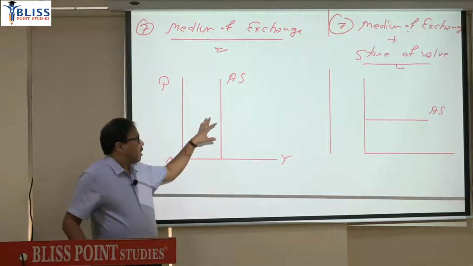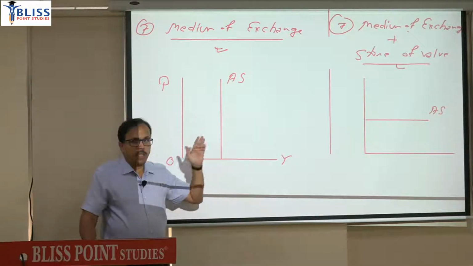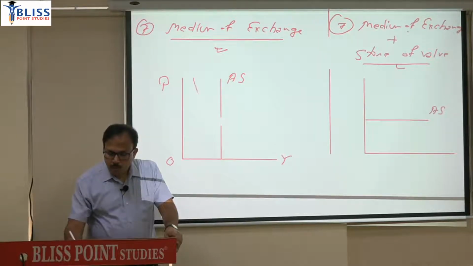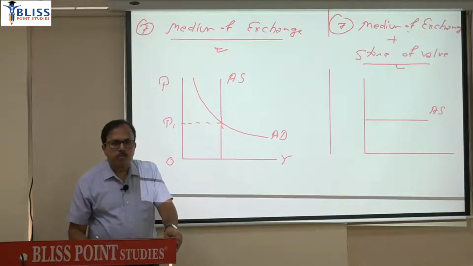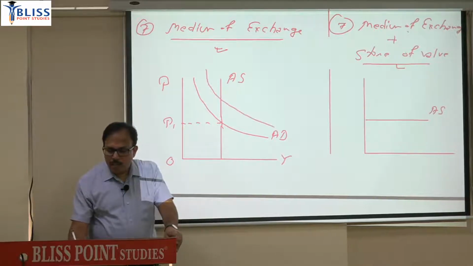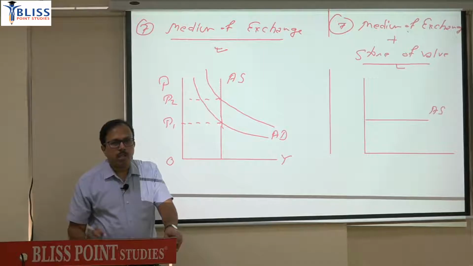Now if this is the aggregate supply curve which is vertical, no matter where you draw the demand curve, suppose I draw the aggregate demand here, the position of demand will determine the price. If demand shifts, in that case only price will change, without affecting output.